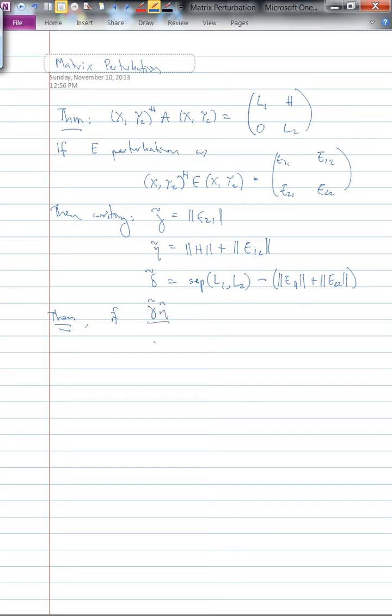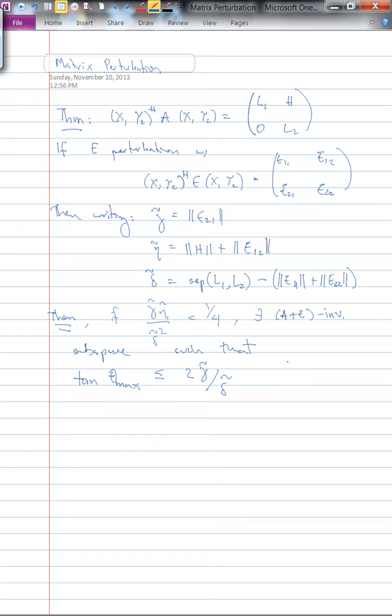If gamma tilde times eta tilde divided by delta tilde squared is less than 1/4, there exists an A plus E invariant subspace such that the largest angle between the new A plus E invariant subspace and our original A invariant subspace is bounded by twice gamma tilde over delta tilde.